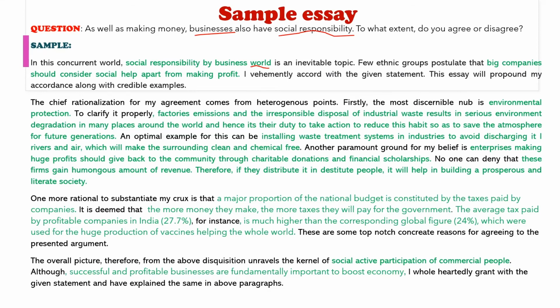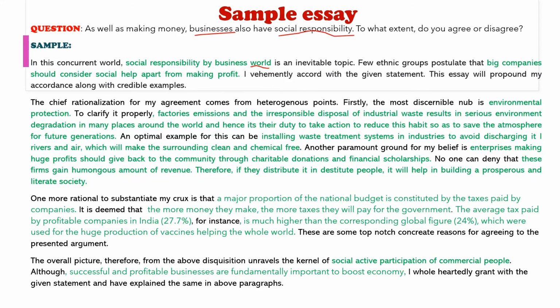Few ethnic groups postulate that big companies should consider social help apart from making profit. So now I am giving the thesis statement. So here it says apart from making money, they should also be socially responsible. So I am also saying that some people postulate, suggest that big companies should consider social help apart from making profit.